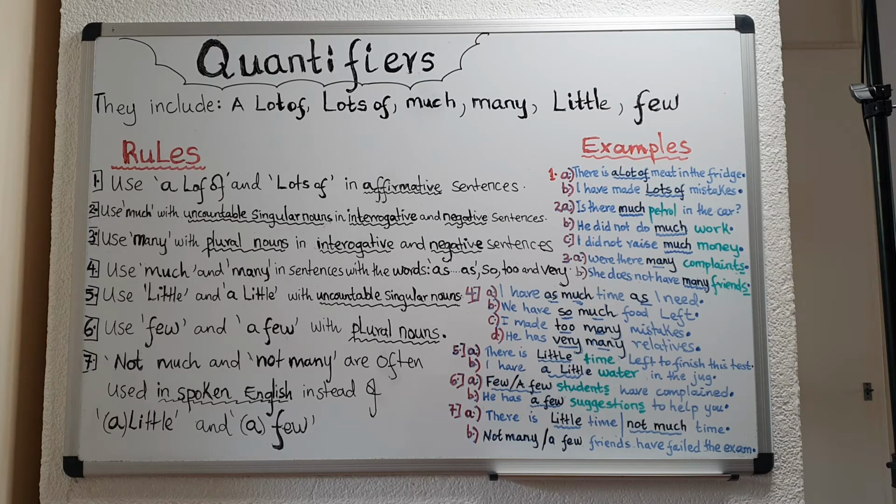Let's move on to example 2c. I did not raise much money. Again, that sentence is a negative sentence because we have I did not. And then we have an uncountable noun, and that is money. We never say monies. No, it remains money in the singular and in the plural.